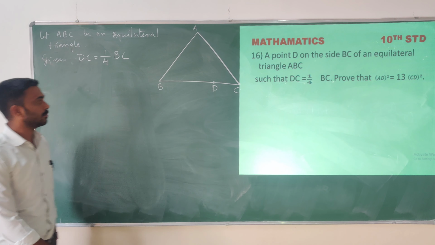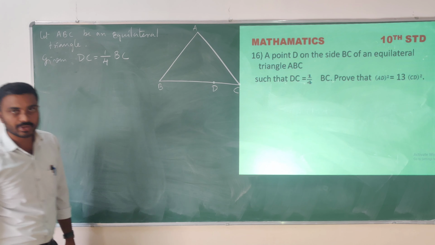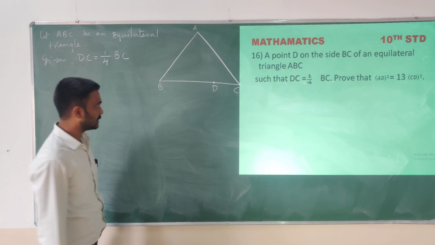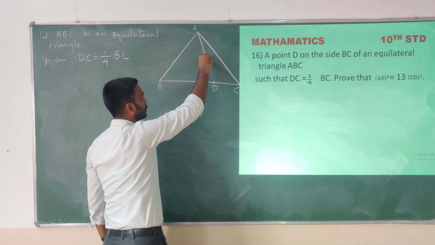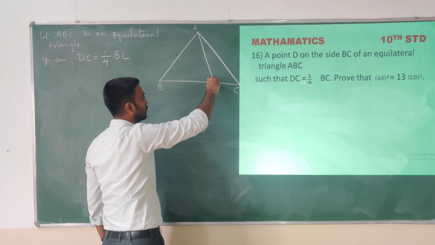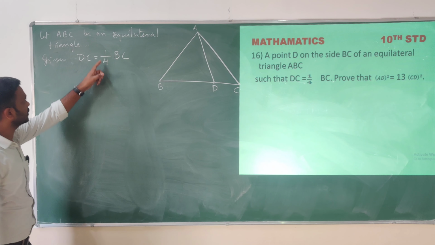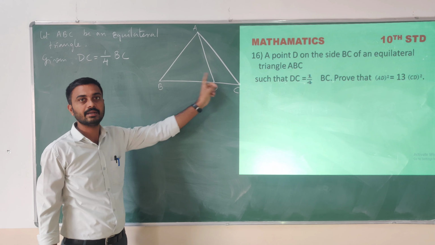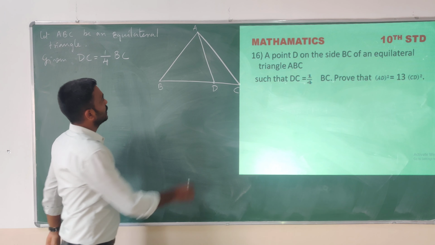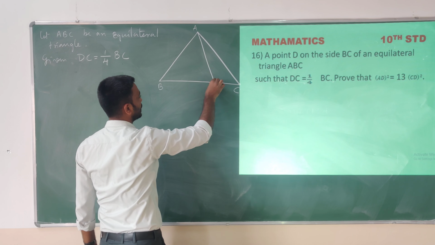Let us take the point D on the side BC of triangle ABC. Now join A and D. So this AD is the new line.